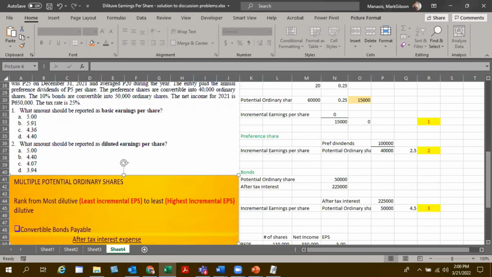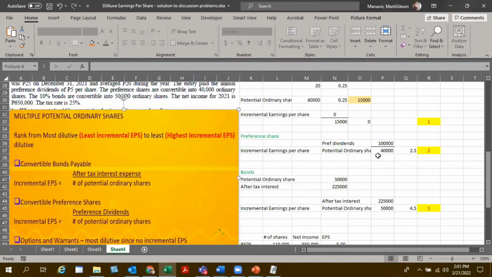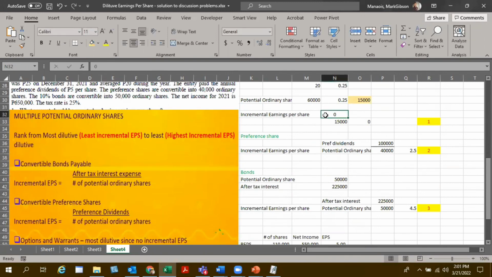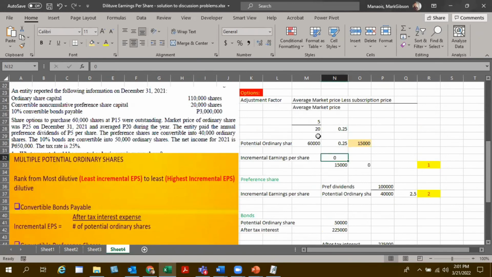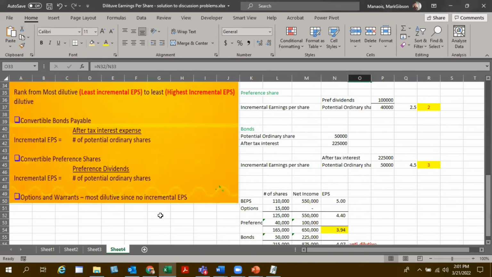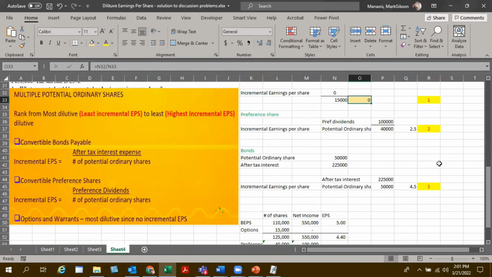Ang formula natin, di ba, pag-compute ng incremental earnings per share, yung difference lang. And since na-establish natin kanina na under share warrants and options, the numerator will stay the same. It's net income less preferred dividends. So therefore, it's 0 over the potential ordinary shares. So incremental earnings per share is 0. Yan lang din naman yung pinag-usapan natin kanina. Sabi natin, it's the most dilutive since there is no incremental EPS.